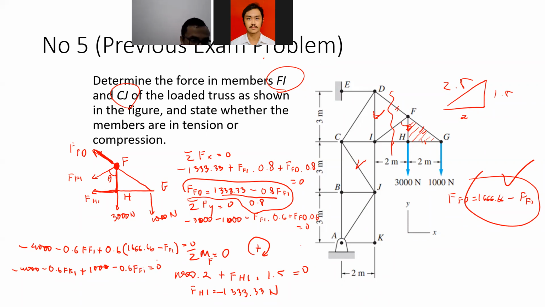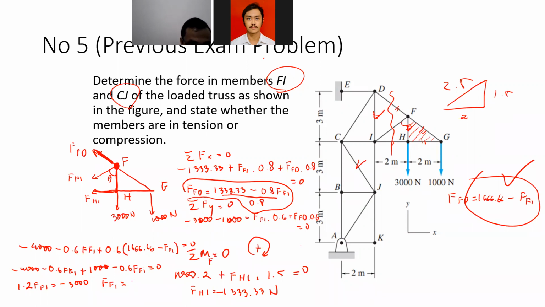3,000, right? So 1.2 FFI equal to minus 3,000. So FFI is equal to 2,500. Negative 3,500.